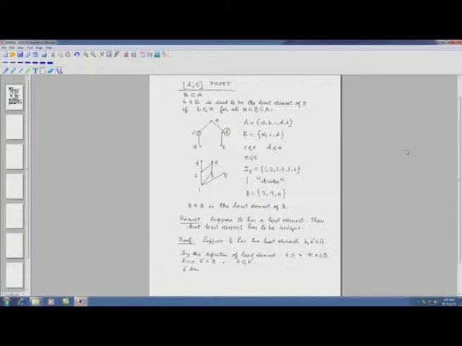Exactly using the same argument, we can say that b prime being a least element of B, b prime is related to all the elements of B. In particular, b prime is related to b.